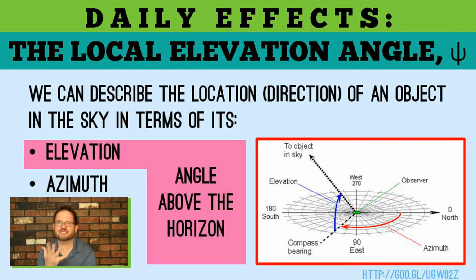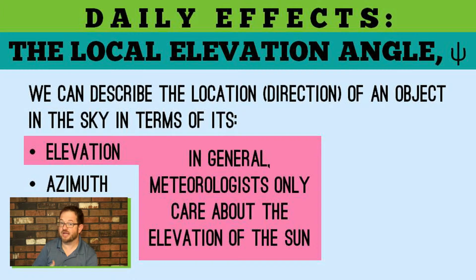Now, in practice, meteorologists in general only care about elevation. If you're talking about a square meter of the surface of the Earth, what is the flux of radiation on that square meter? It doesn't really matter whether those rays of sunlight are coming from the west or from the east. It's how high above the horizon they are that matters.